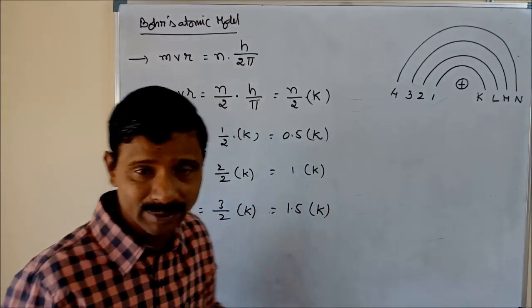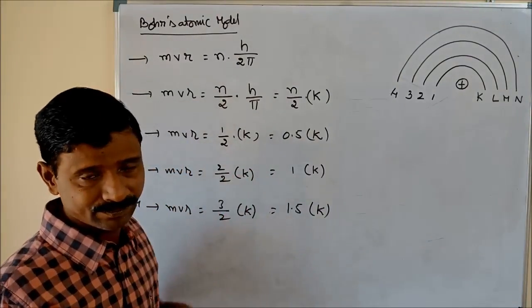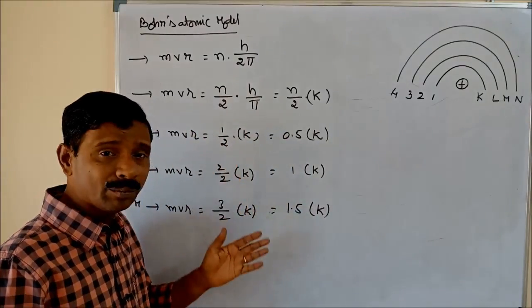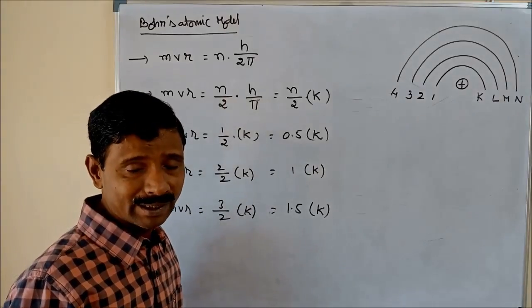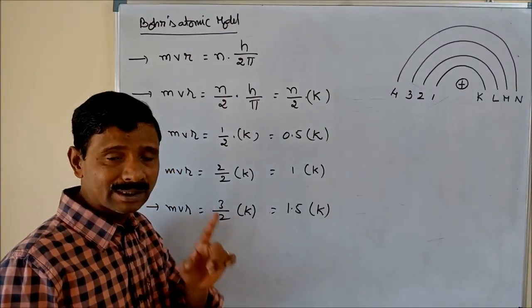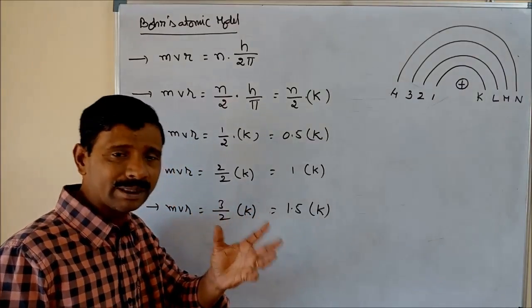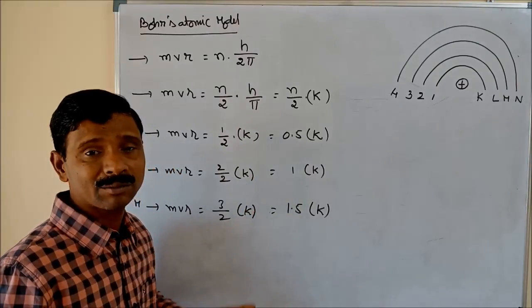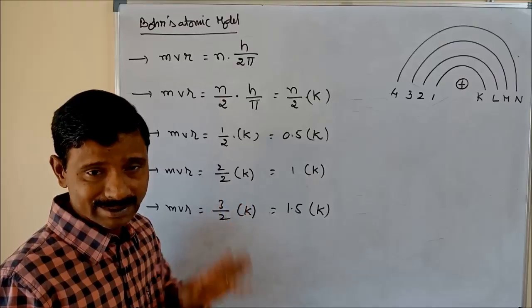Fourth and third, 0.5. So like that, along with the n value, in successive way, the angular momentum of the electron in those stationary orbits is increasing by a factor of 0.5. That is one important point, or the difference in angular momentum of the electrons between any two successive orbits is nothing but 0.5. So you should remember this in the form of a statement.